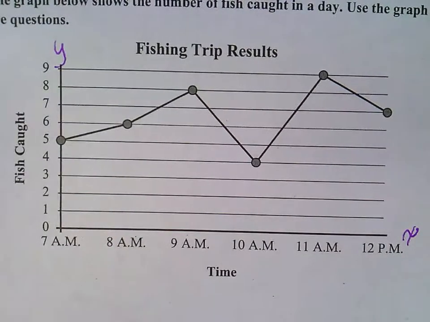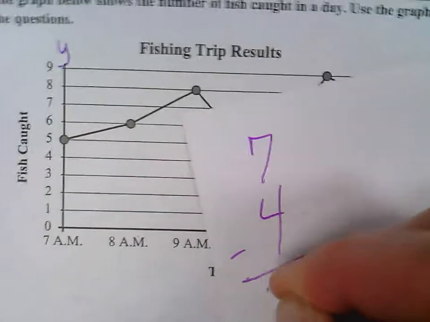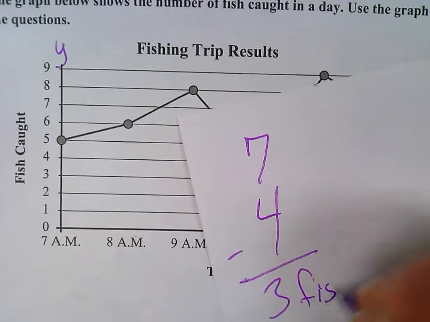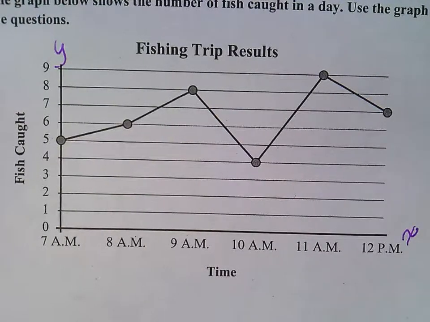So the difference between noon and 10 is 7 minus 4. That is 3 fish. So once again, range is the biggest data point minus the smallest data point, and if you're asked how many more or the difference, you just subtract the two that they're asking about.